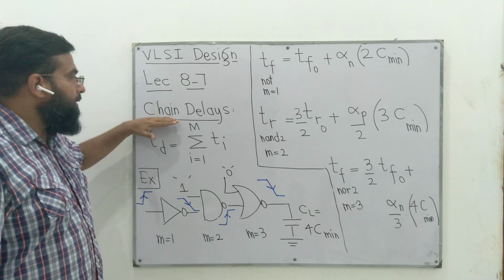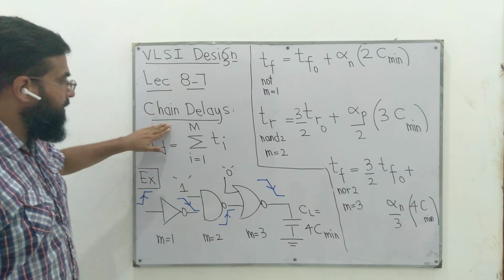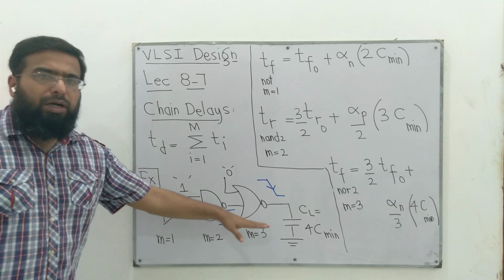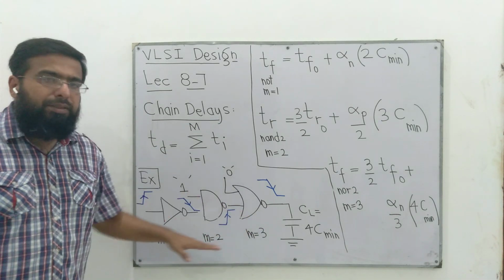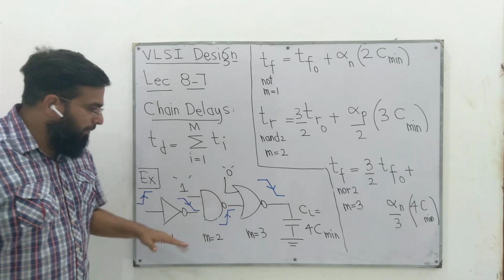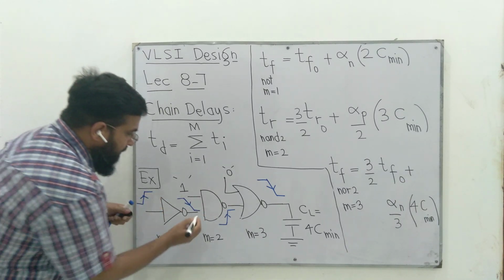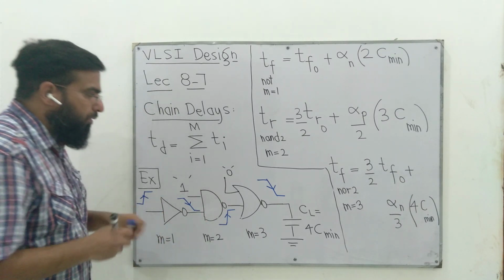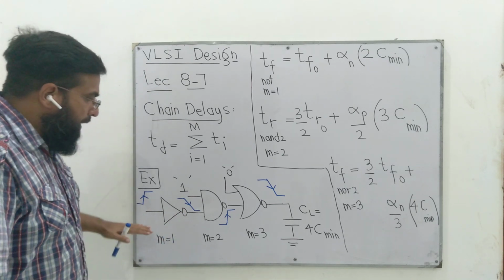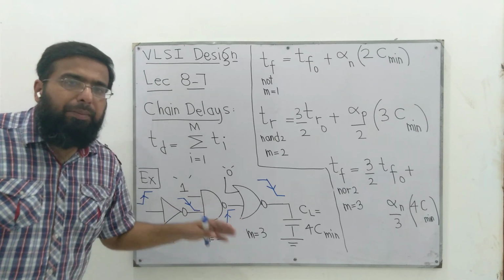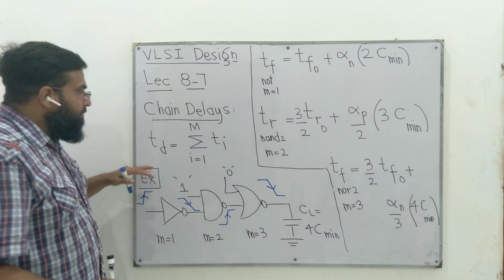Chain delay. The term chain refers to the situation where we have a number of gates connected back to back. For example, the output of one gate becomes the input of another gate and so on, and we have some finite number of gates in the chain.